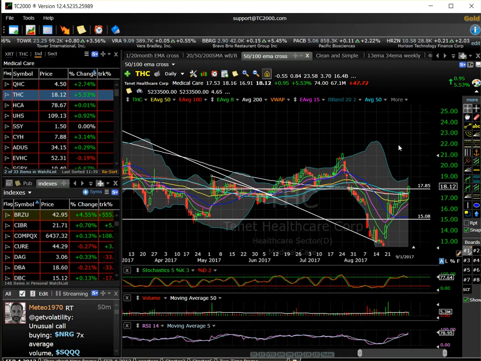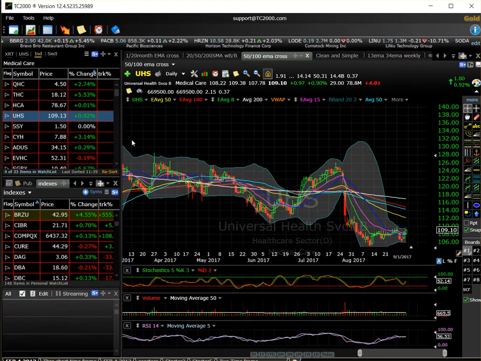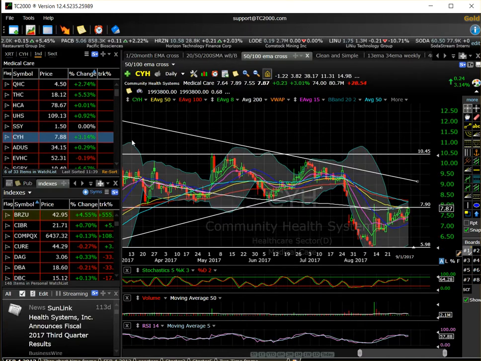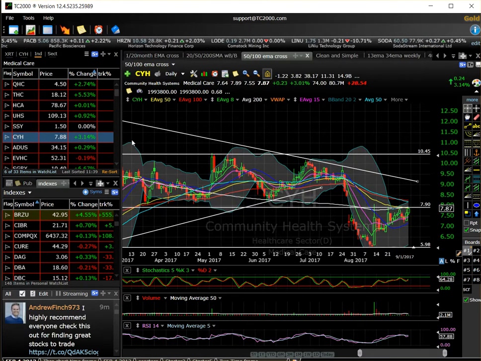And then what I like having up here on the left hand side is the industry. So let's say I do have something that breaks out and I am unable to catch that particular stock. I want to be able to really quickly look for potential sympathy plays, and CYH happens to be a stock that's got an interesting look as well.